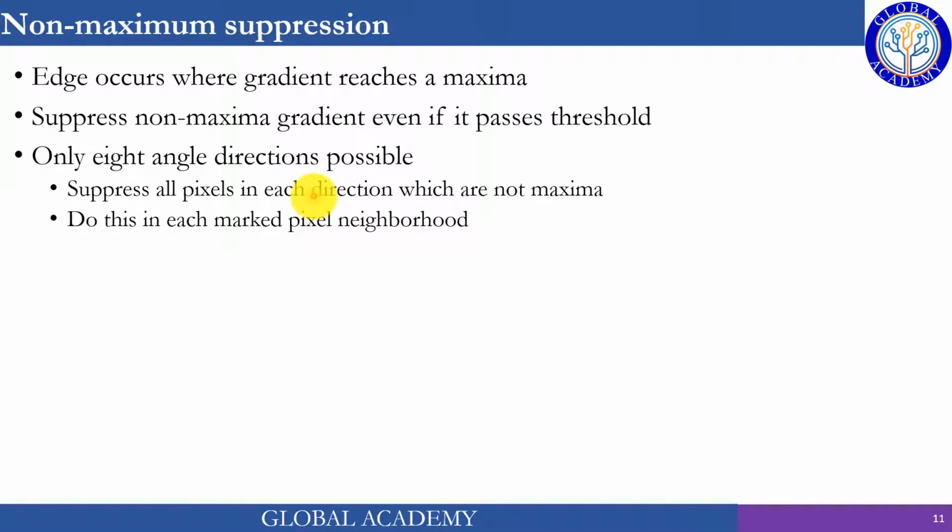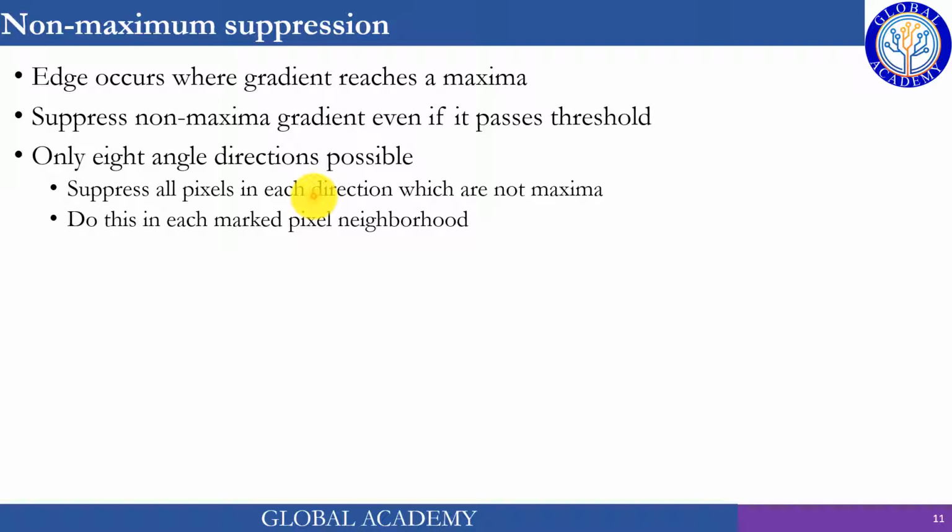So what is non-maxima suppression? Simply it's dropping the pixels which are lesser in magnitude. We know that the gradient reaches its maximum value when there is a very sharp edge, and the gradient is perpendicular to the direction of that edge, at 90 degrees to it.